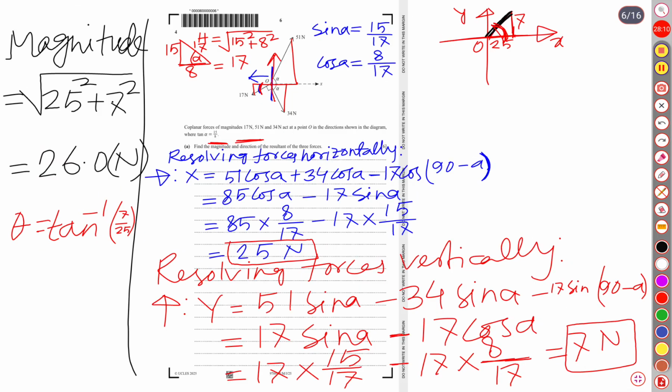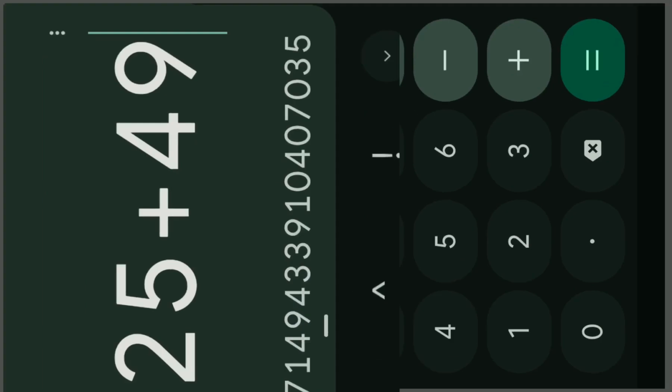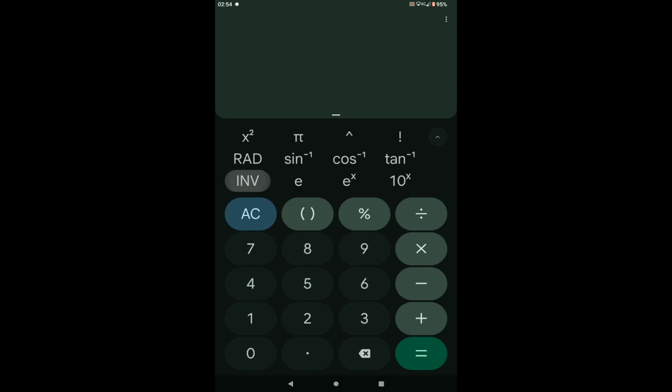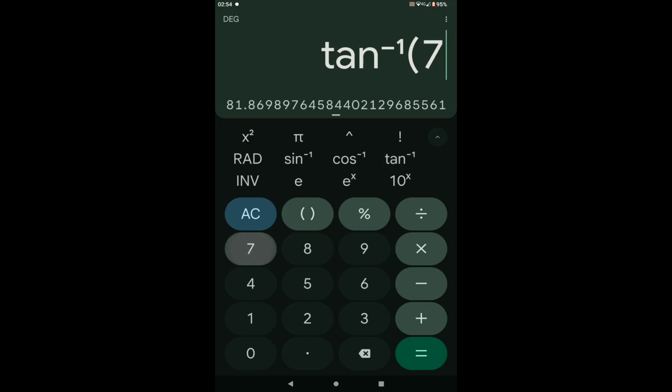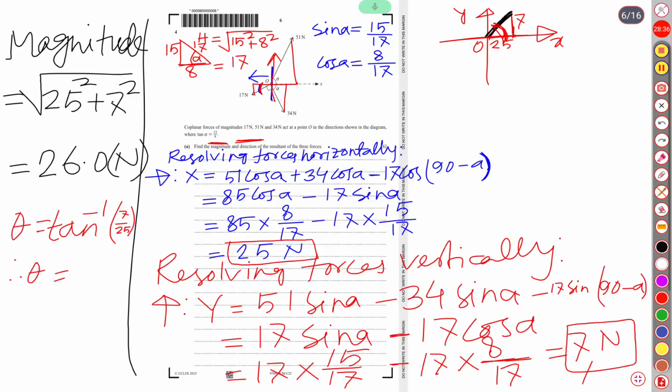So theta is going to be tan inverse of 7 over 25. To three significant figures, it is 15.6 degree.